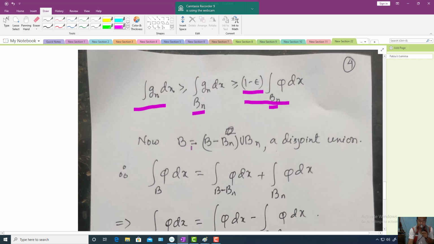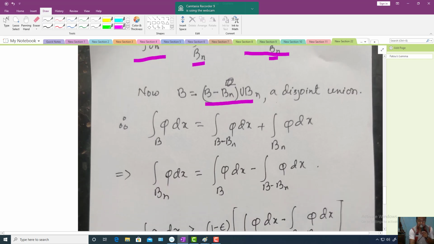So now what you have is b equal to the disjoint union of these two sets, b difference bn and bn. Therefore, again by the theorem we did earlier, the integration over the set b is equal to the integration over the set b difference bn plus the integration over the set bn.